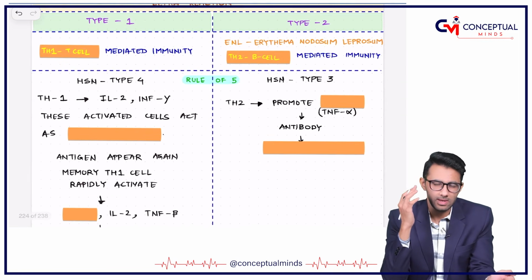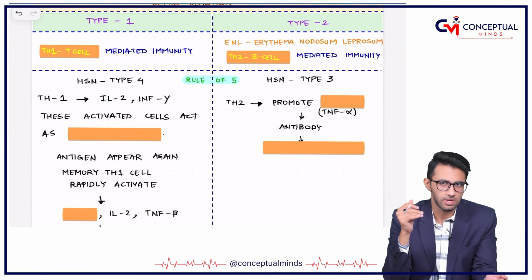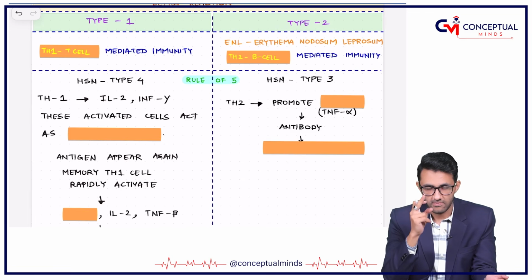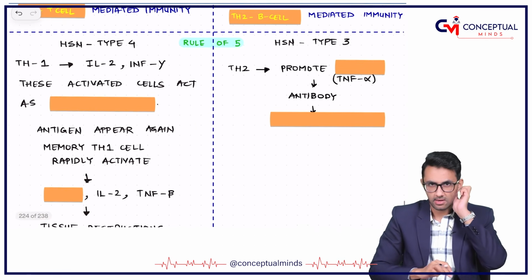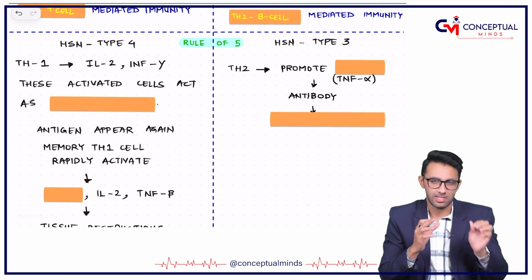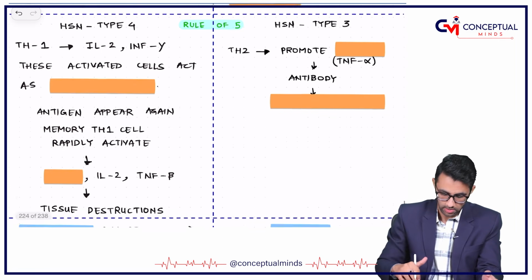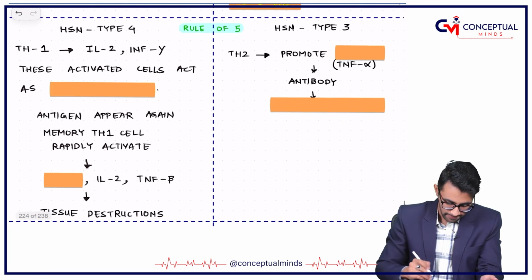So one thing is off the table now. We discussed the type and the hypersensitivity reaction. How about the pathogenesis? You know a few points about it because we have discussed it earlier as well. I just want to give you a brief overview of the pathology part. Usually we don't read this part too much, but today I want to clear it once and for all for life. What is it?